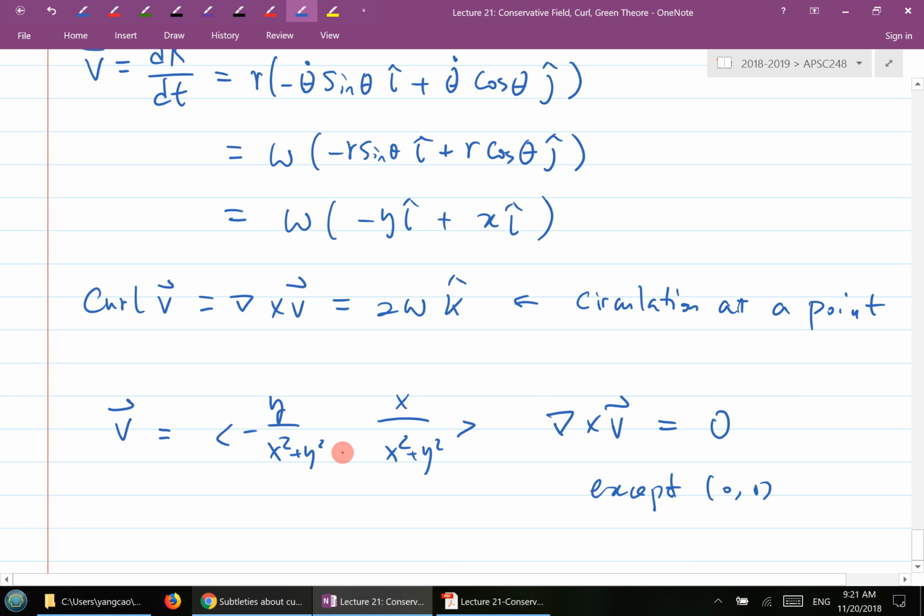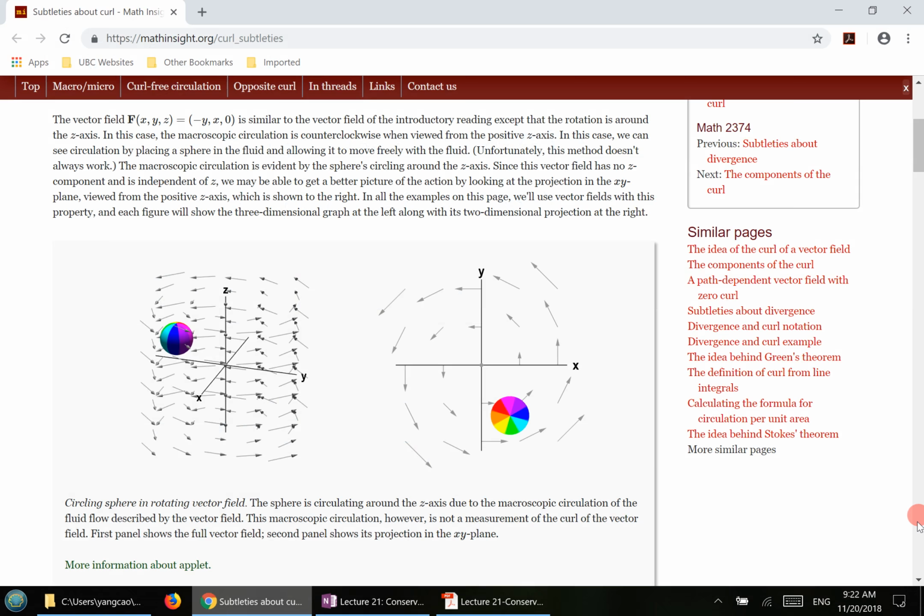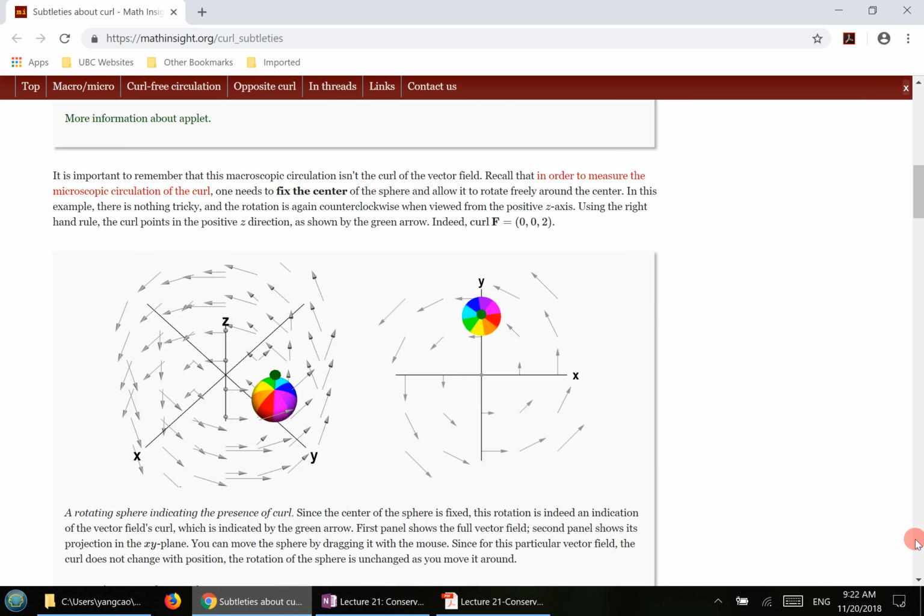So when the curl value is 0, anywhere within this field, what does that mean? At any point inside the field, there should be no circulation or rotation.